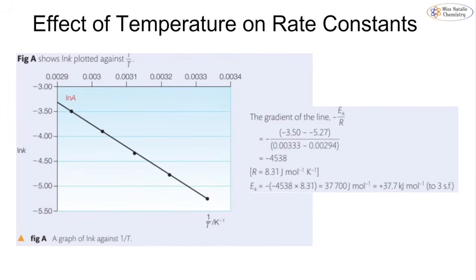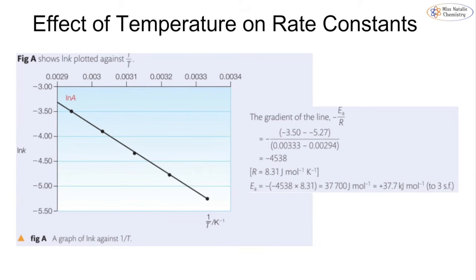We can then plot these on a graph, and your graph will always look like this. It will always be a negative line, which, if you were to draw the four quadrants of graph paper, you would have in the lower right quadrant. So you have negative numbers for your y-axis going down, and then your 1 over T at the top.